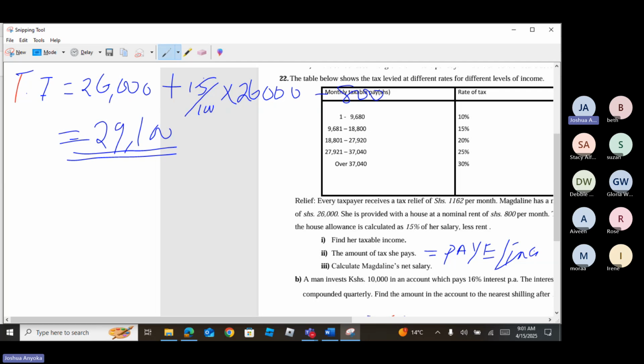You read the title of the first column, it says monthly taxable pay. So we must align our taxable income to be per month. Already it is per month. And then we have the rate of taxation. So from here, we directly go to the process of taxation.